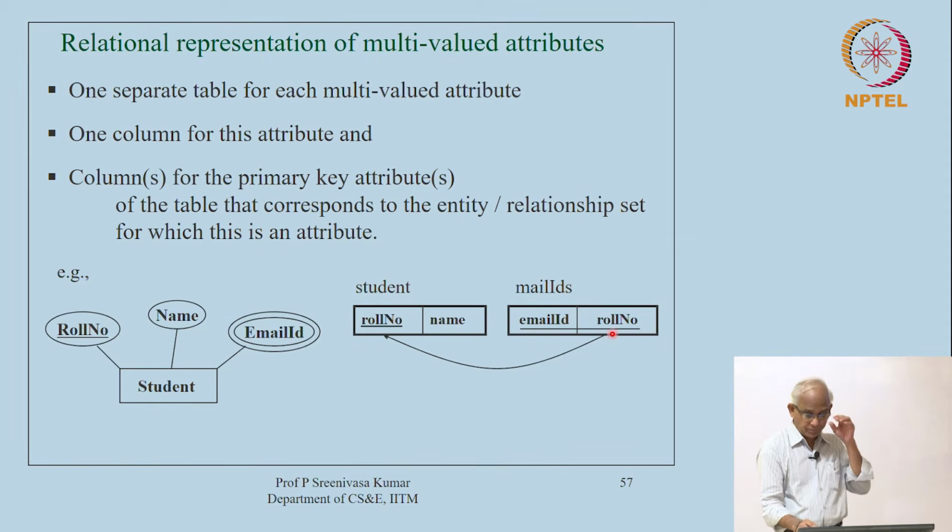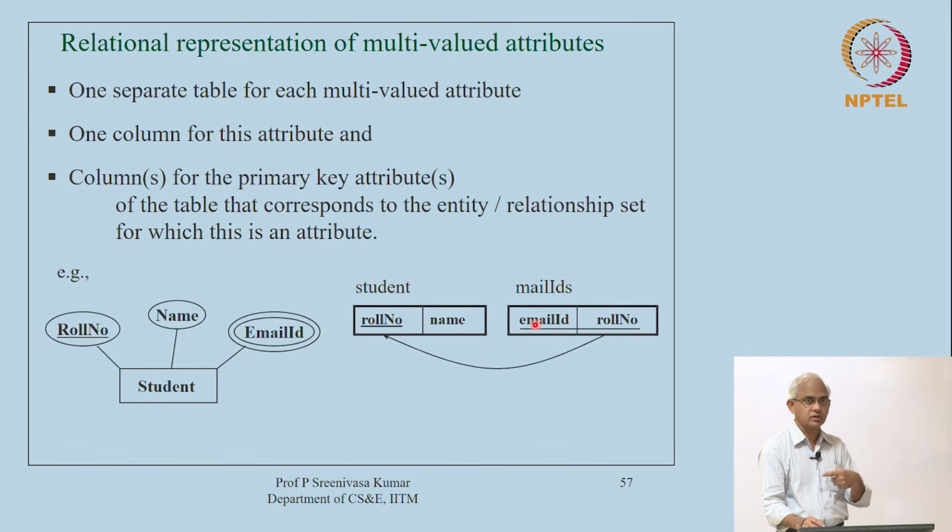So, you can see why this is needed. Since roll number, which identifies the student, has association with multiple email IDs, we will have to repeat the roll number with all of those email IDs. That is the only way to capture a set of values associated with a particular entity, because the relational model has a constraint that this particular column can only have exactly one value.